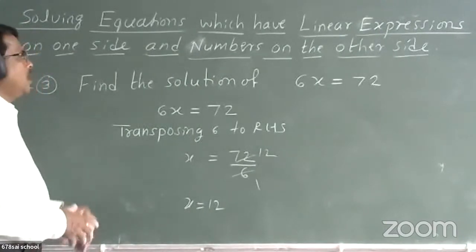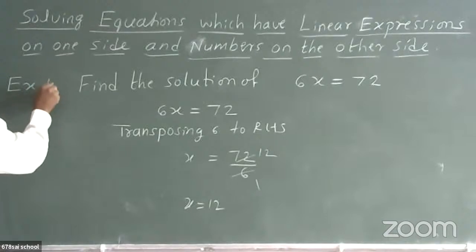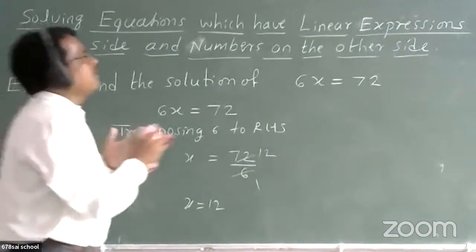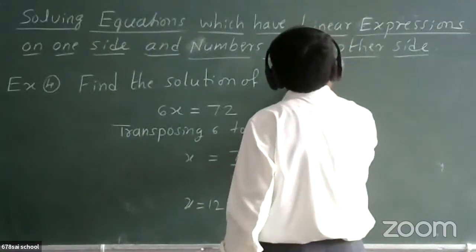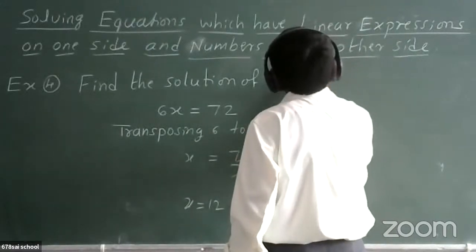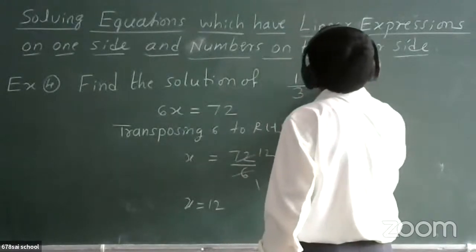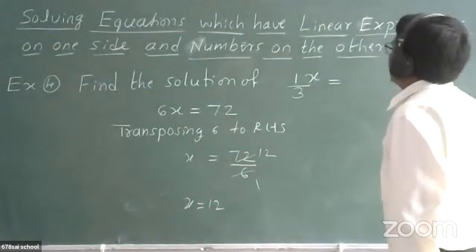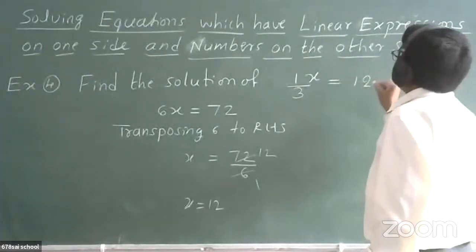Okay. Next example, example number 4. Now I will take another example. 1 by 3x equal to, I'll take 12.